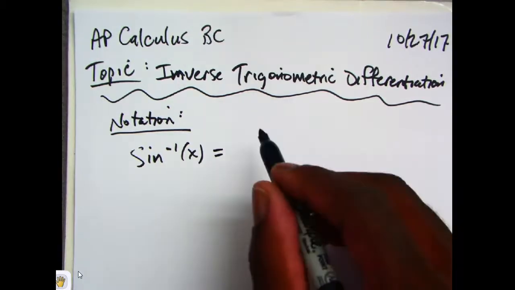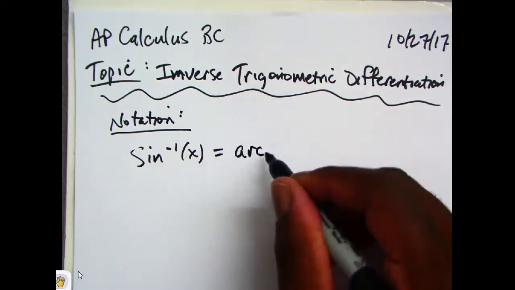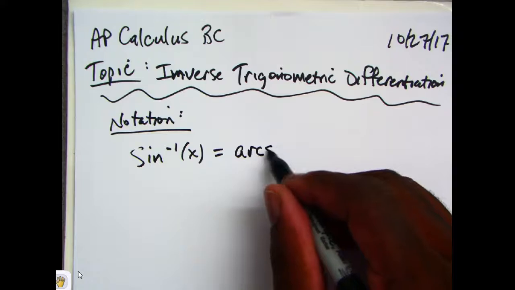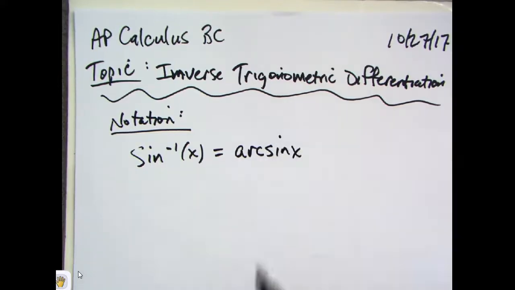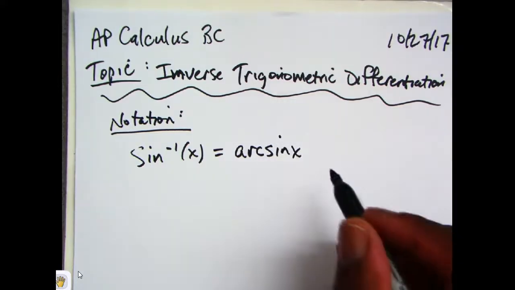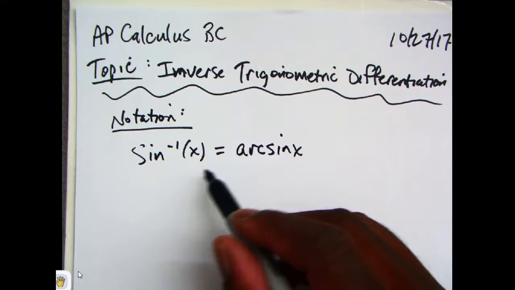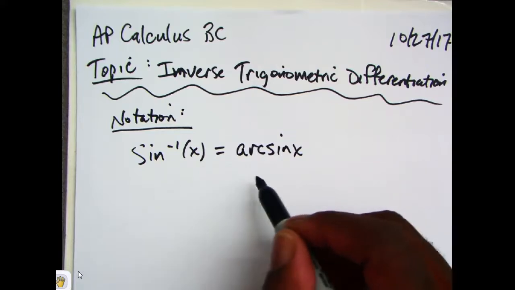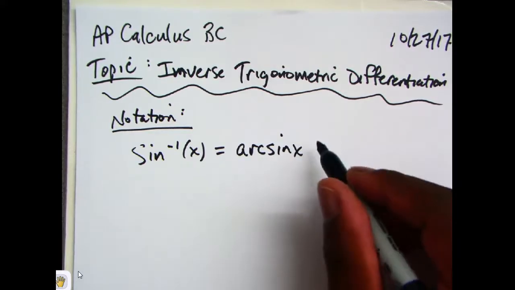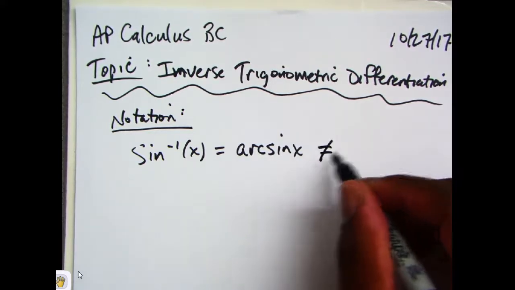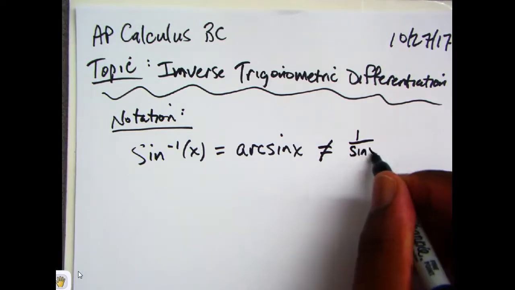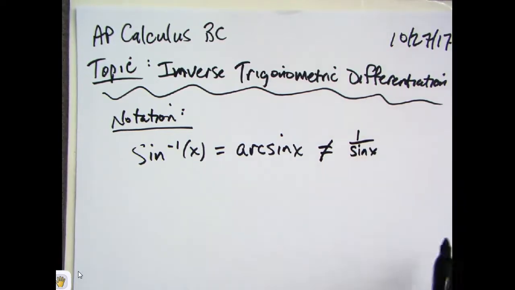In calculus, we're going to introduce the arc sine, arc cosine, arc tangent, etc. So these are equivalent. They're the same thing. This does not mean 1 over sine of x, because 1 over sine of x gives us the cosecant of x.